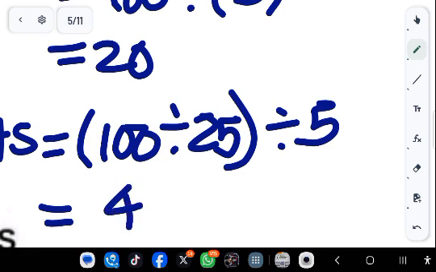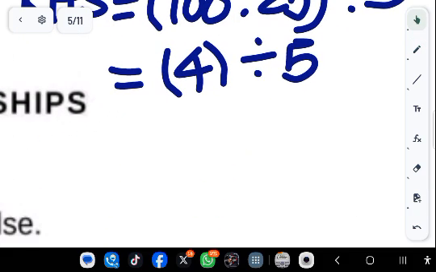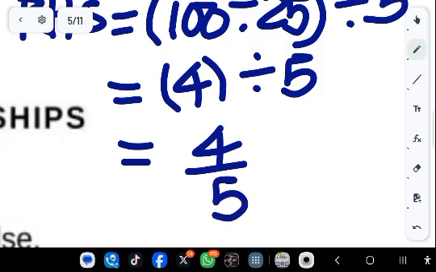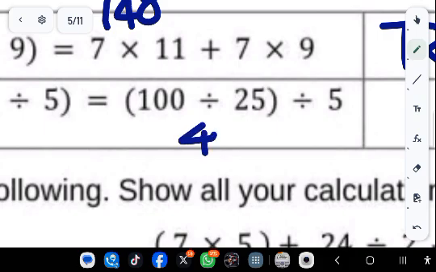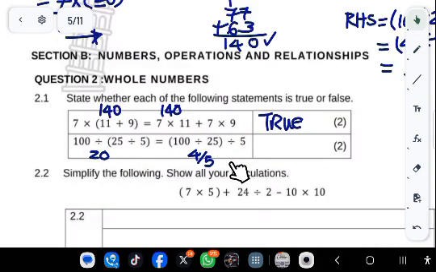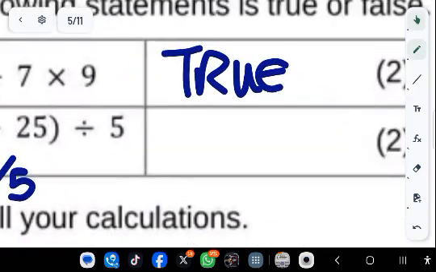If you're not sure, please use a calculator. Now 4 divided by 5 is a fraction. It's 4 over 5. Now the left hand side is not equal to the right hand side, so this is false.